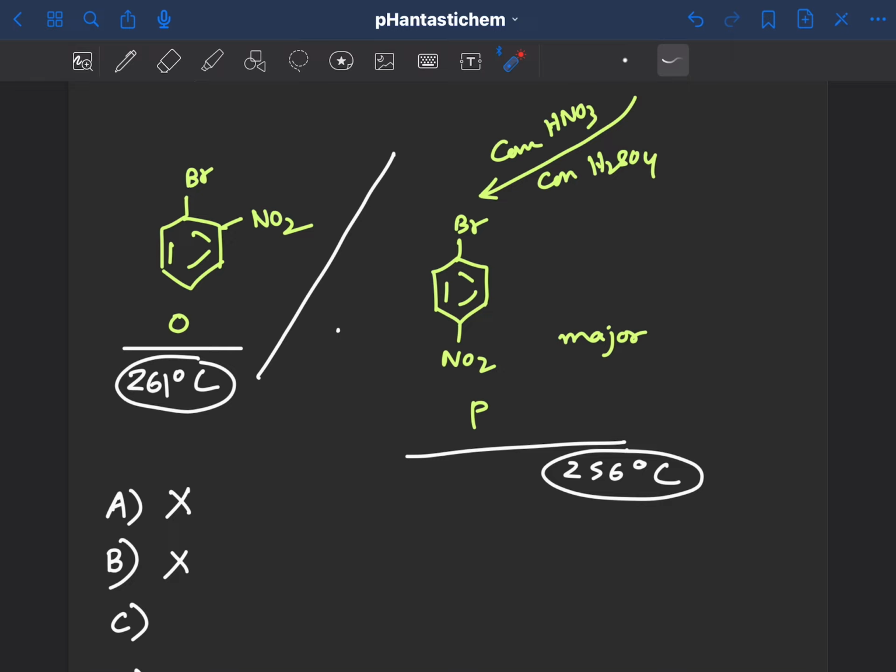So here it is not possible, because there is no hydrogen atom which is connected to a very electronegative atom like nitrogen, oxygen or fluorine. So here there is no scope for hydrogen bonding at all. So therefore you cannot use D either. Steam distillation is to be used when one shows intra hydrogen bonding and the other shows inter hydrogen bonding.